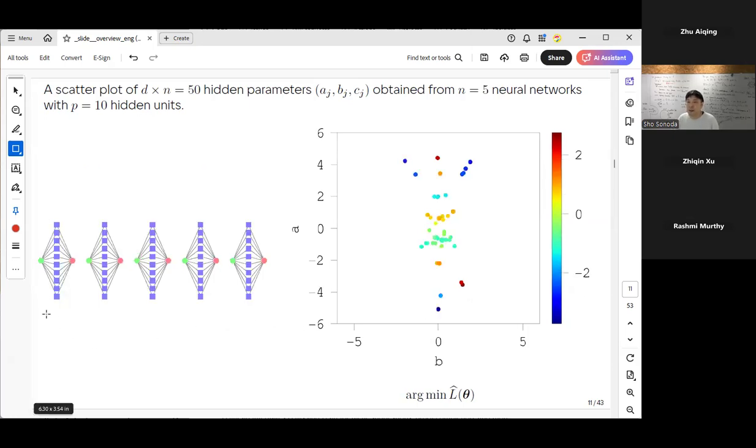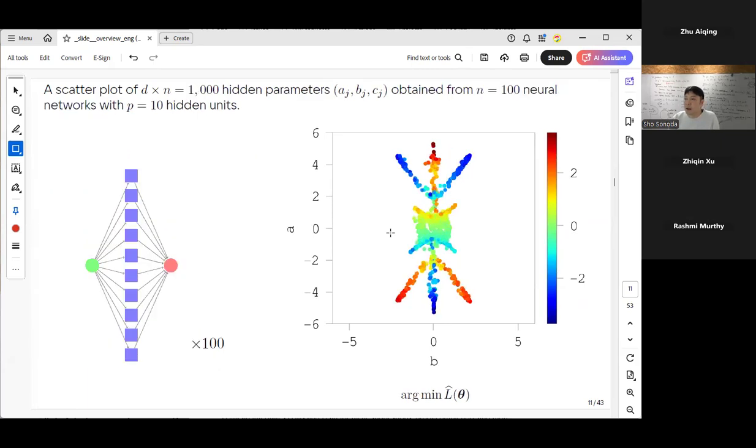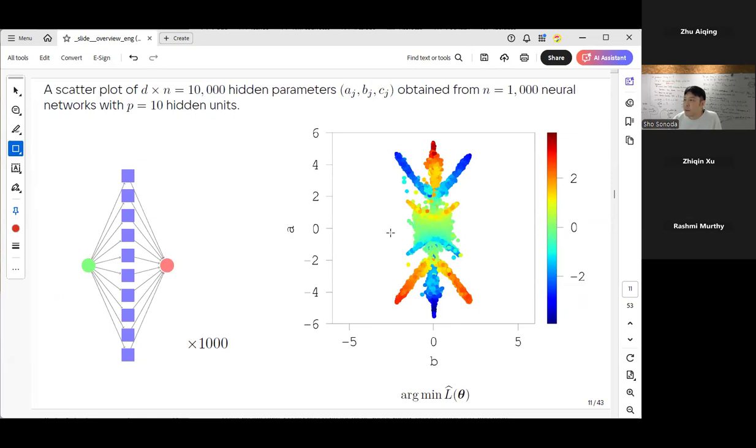If we train 5 networks, then after the learning process, we will obtain 50 points on this ABC space. And by increasing the number of networks, gradually the pattern emerges.